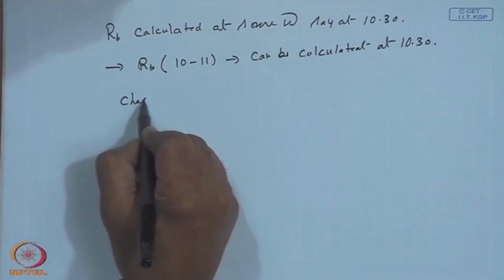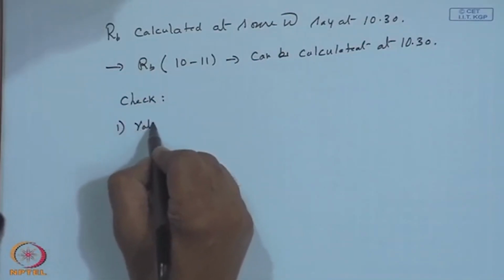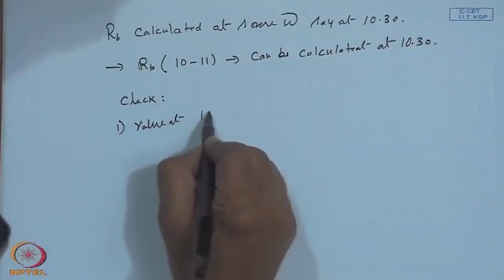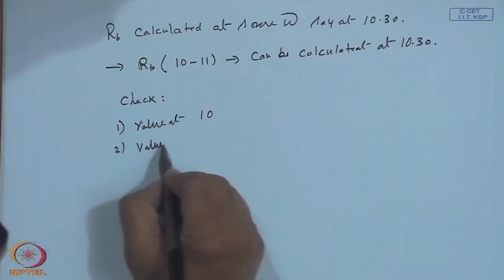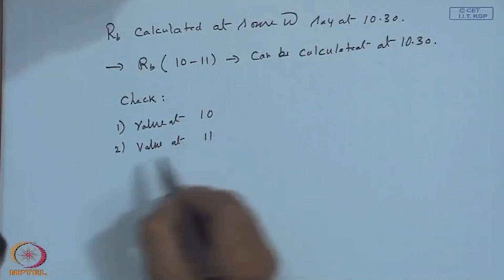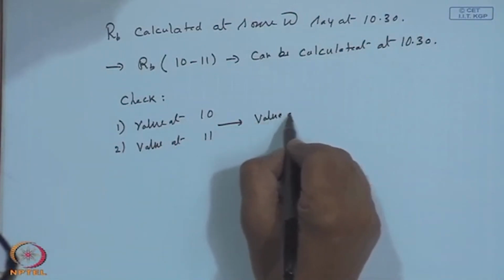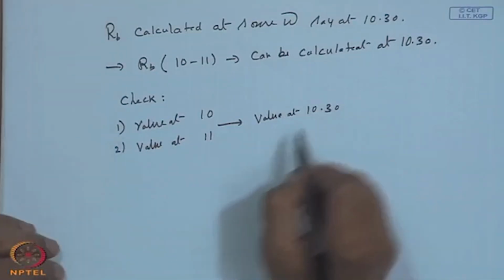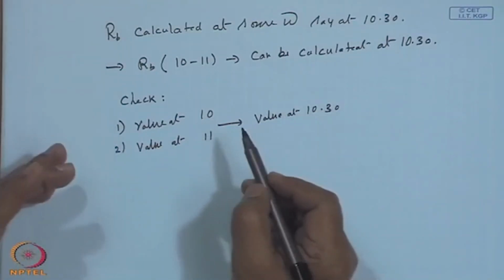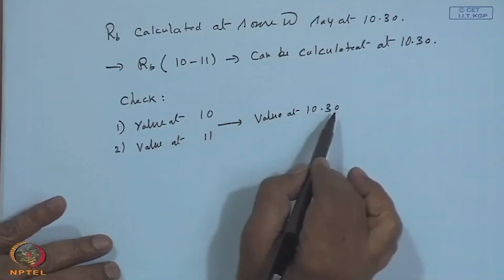Check one value at 10 o'clock, another value at 11 o'clock, and compare with the value at 10:30. Is it a linear average or approximately the average of these two values at 10:30?